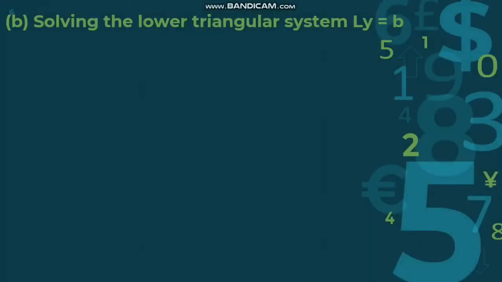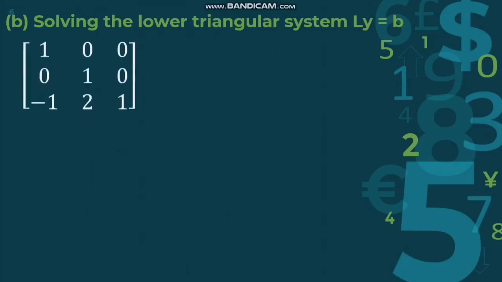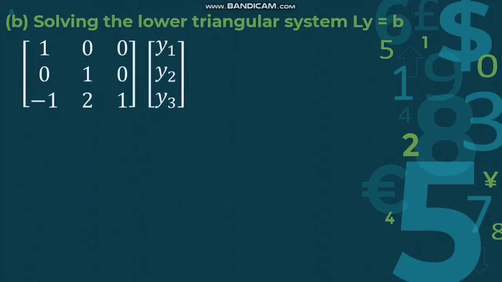Next is solving the lower triangular system LY is equal to B. Using the elements of our lower triangular matrix, we will multiply y sub 1, y sub 2, and y sub 3 is equal to our constants in our equation, that is 1, 2, negative 2.